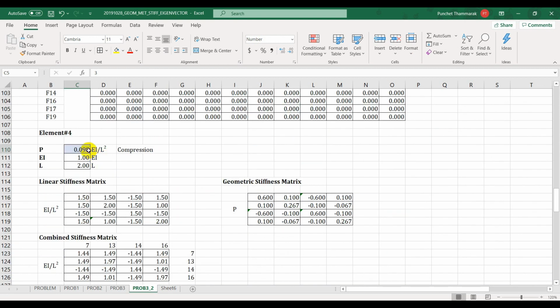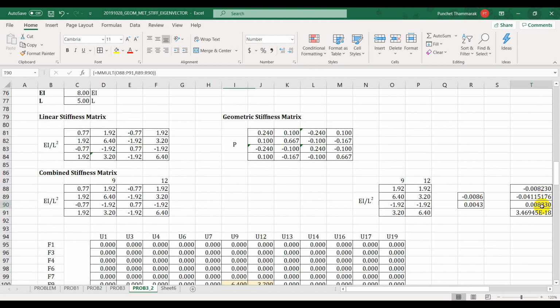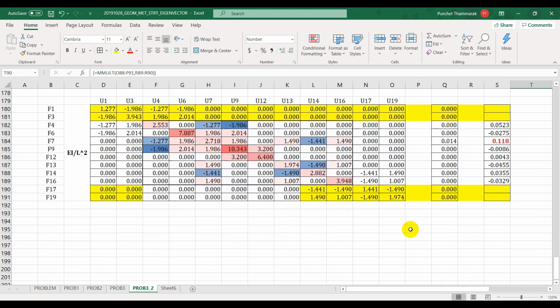Number 4, 8 to 3. Swing a little bit. Okay, 8 to 3 doesn't make any significant change. It is like 1 in 8,000 something. Okay, small enough. It is approximately 10 to the minus 4 to 10 to the minus 5, right? So we have the converged solution.